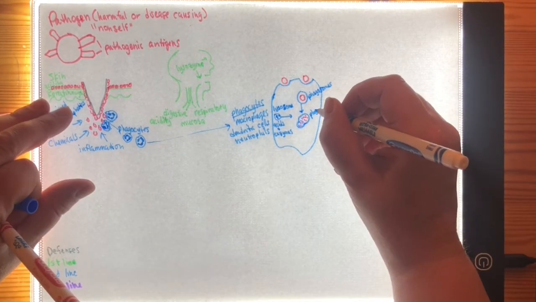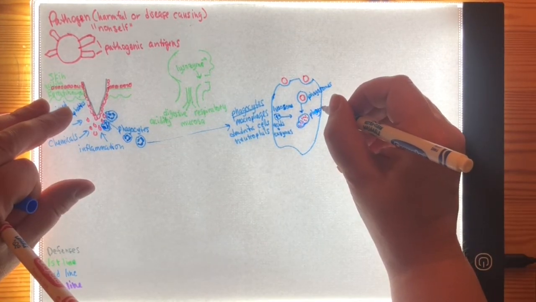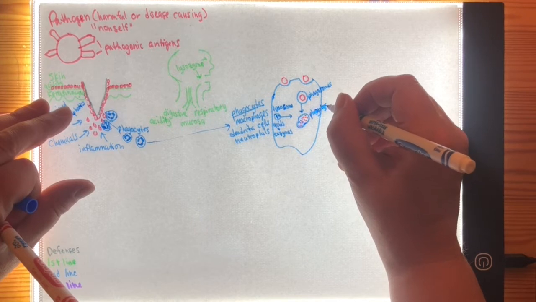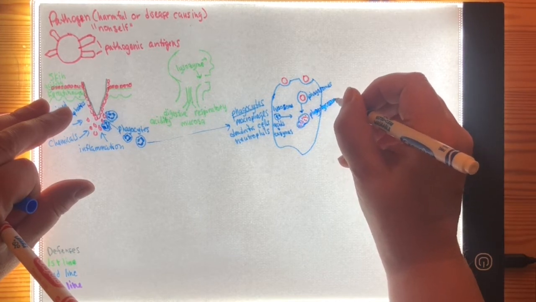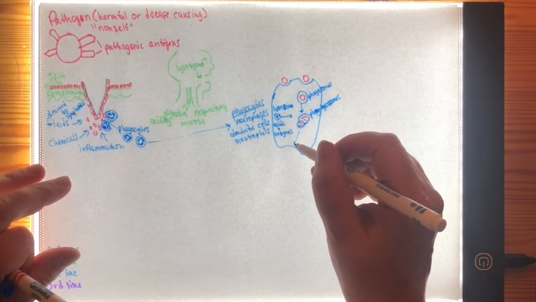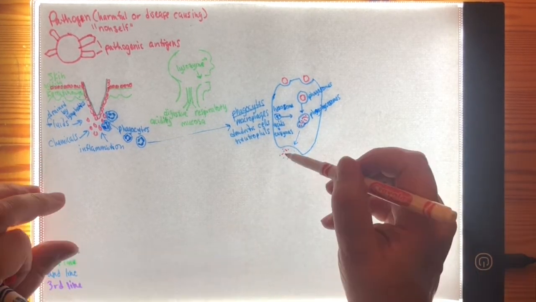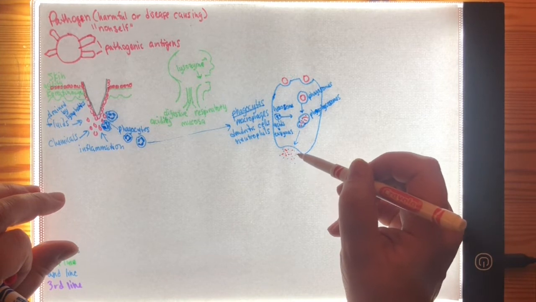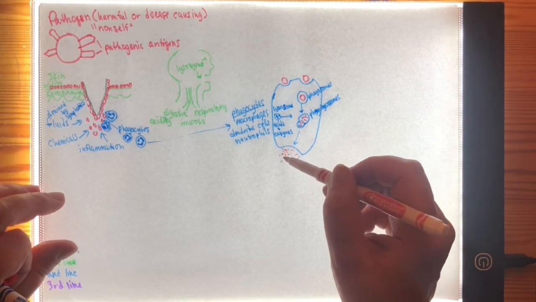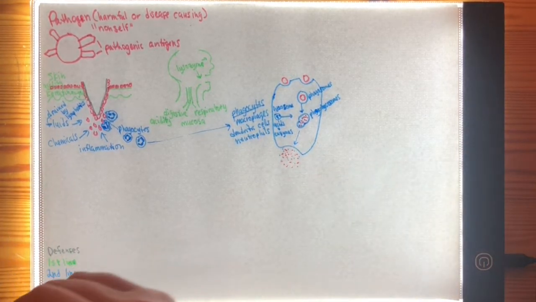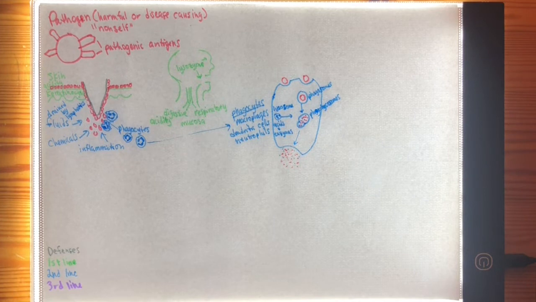So what we're going to do then is bring together these two things. We're going to create a phagolysosome, where the acids and enzymes inside of the lysosome are going to combine together with that pathogen and break it apart. And then it's released harmlessly. There's actually one other thing that can be done here, which we'll be discussing in a little bit. But this is a pretty simple way of describing the story, so we'll just stop it there, and we'll come back to this story in a little bit.